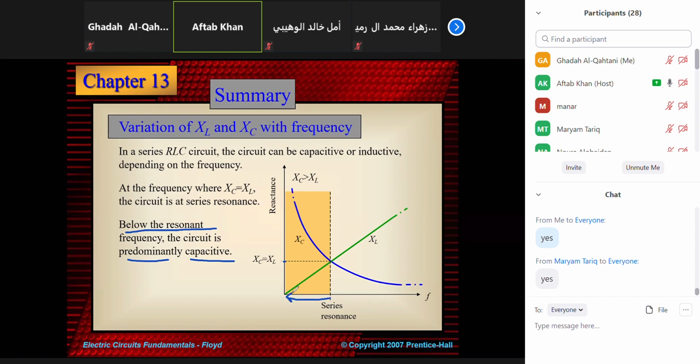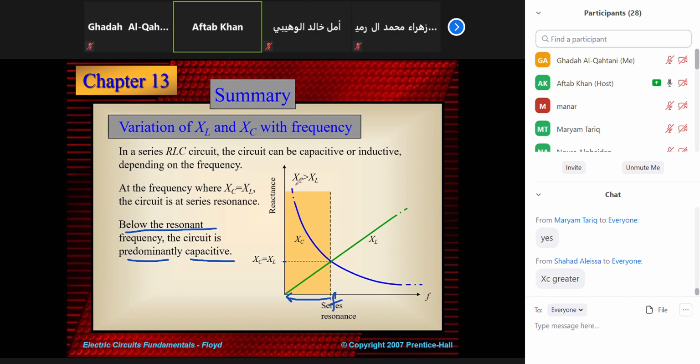Which is greater, XC or XL? You can see from the graph, both graphs. Left side of this point, XC.